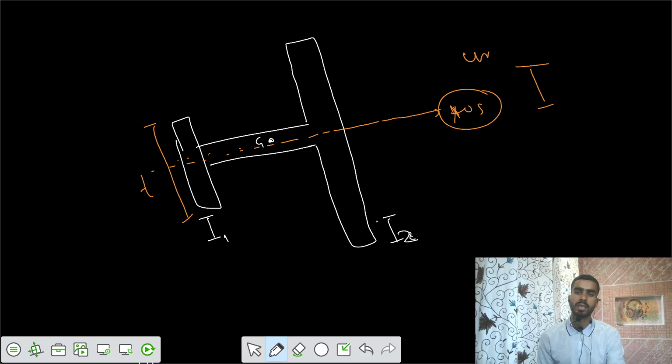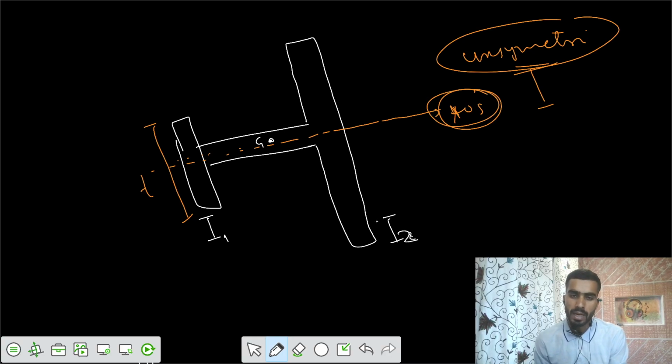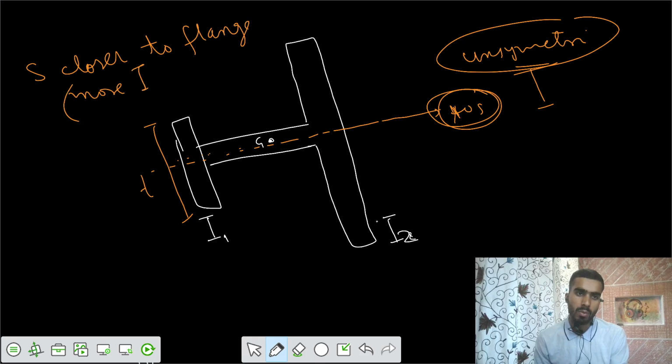It is symmetric about one axis, but unsymmetric about the next axis. Then the shear center would be somewhere at that location, but the shear center is closer to the flange that has more moment of inertia.